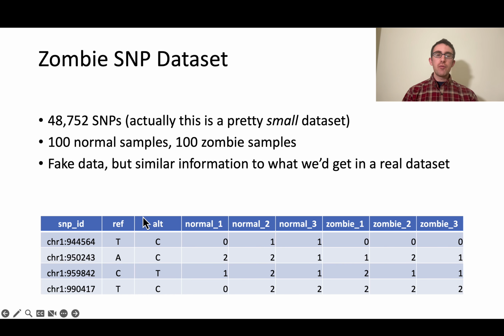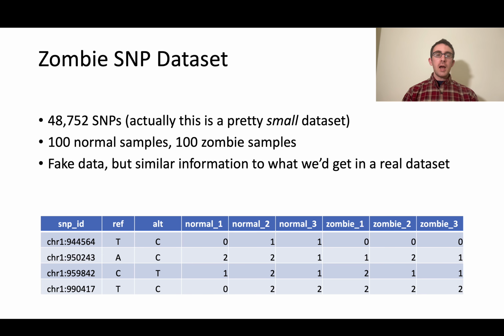And yeah, we have our reference letter, which is a T, and the alternate letter, which is a C. Now, one simplifying assumption I made when I was making up this mock data set was, just to make things easy on us for this practice project, I assumed that for every SNP there was only one possible alternate allele.